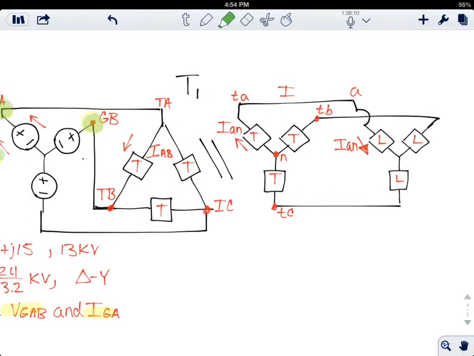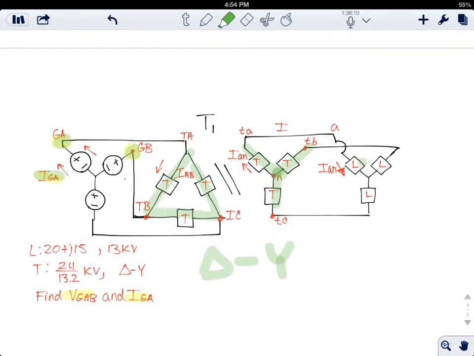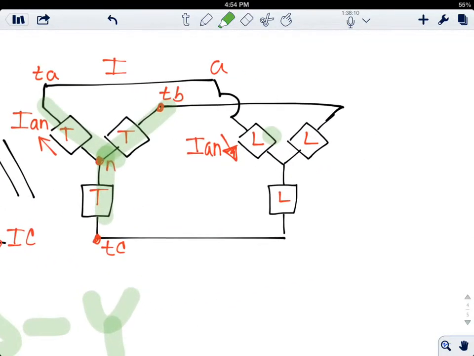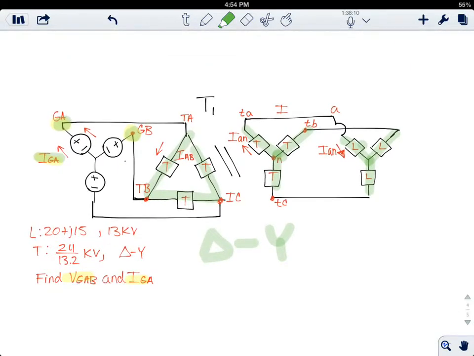Notice here that we have a transformer in a delta to Y connection, and we have a load at this right corner of the circuit.